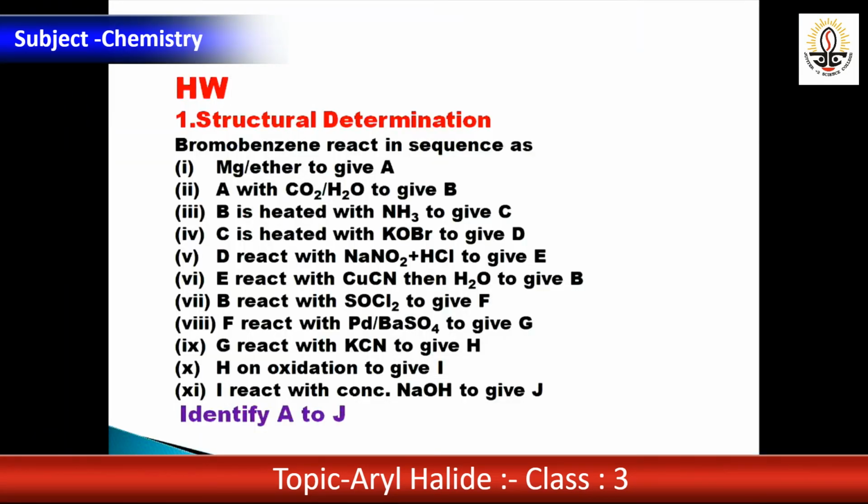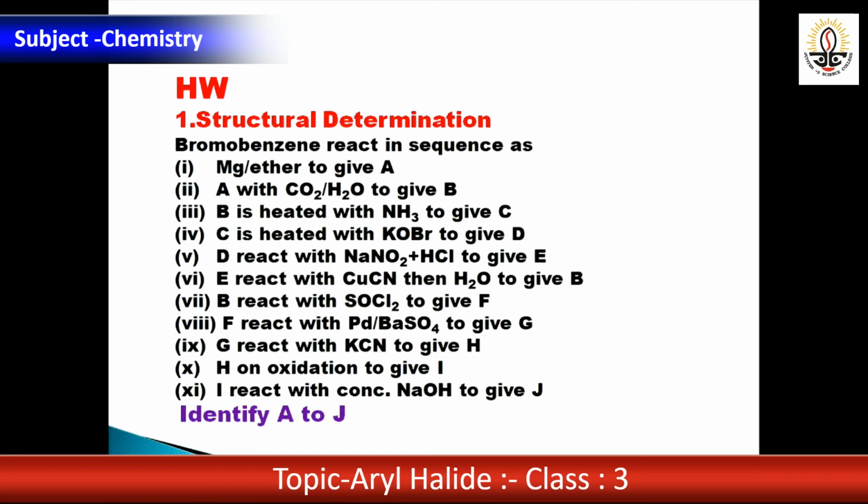B reacts with SOCl2, thionyl chloride, in presence of palladium barium sulfate to give F and G. G reacts with KCN, which means it undergoes benzoin condensation. G undergoes benzoin condensation to give H. H on oxidation will give I. And what happens when I undergoes Cannizzaro reaction? Internal Cannizzaro reaction gives J.